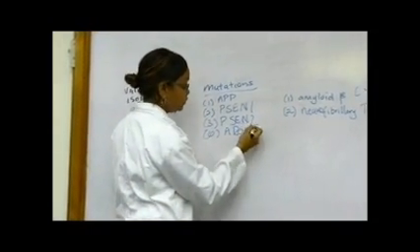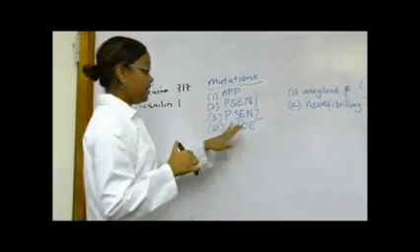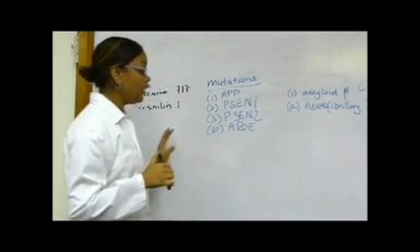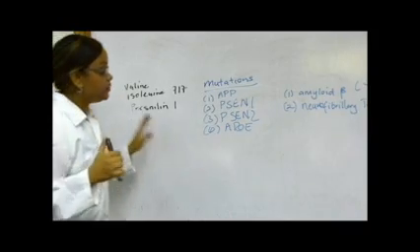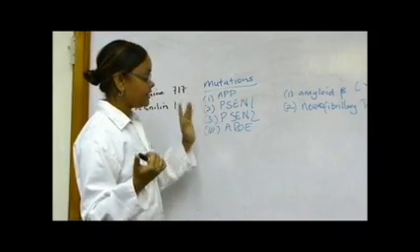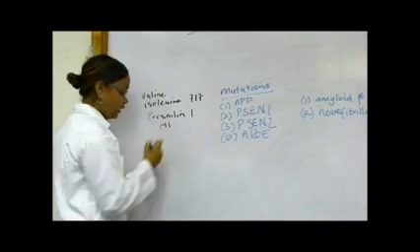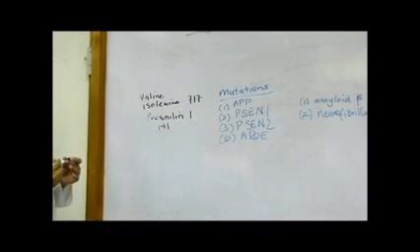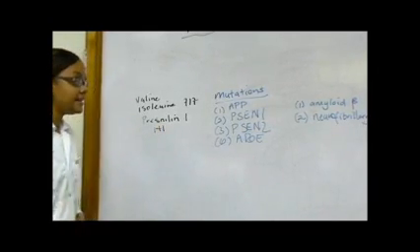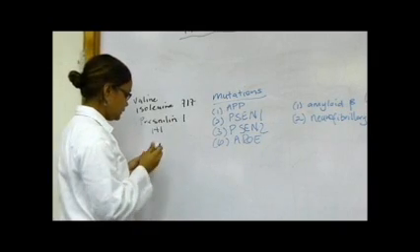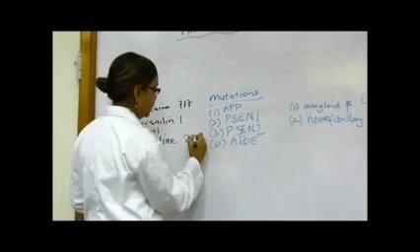Now PSEN2 has two common mutations. One is that the amino acid asparagine is replaced with isoleucine at position 141, and another is that methionine is replaced by valine at position 239.